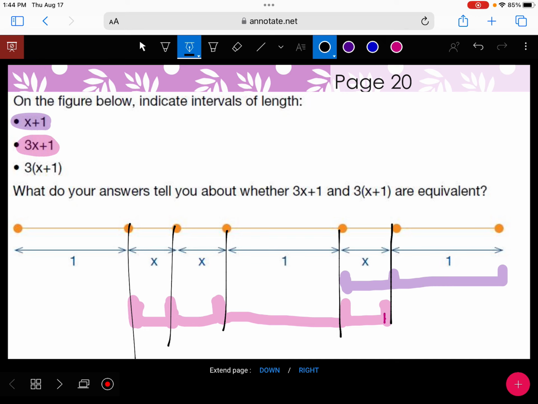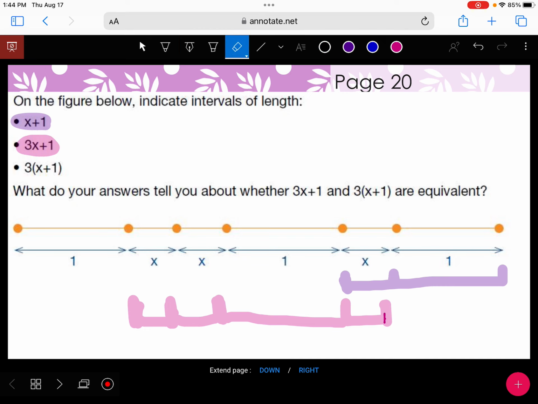Okay, so when we're looking to do 3x plus 1s, where are we going to find that many pieces? I want to find x plus 1 three times. So I'm going to do it on the slide.